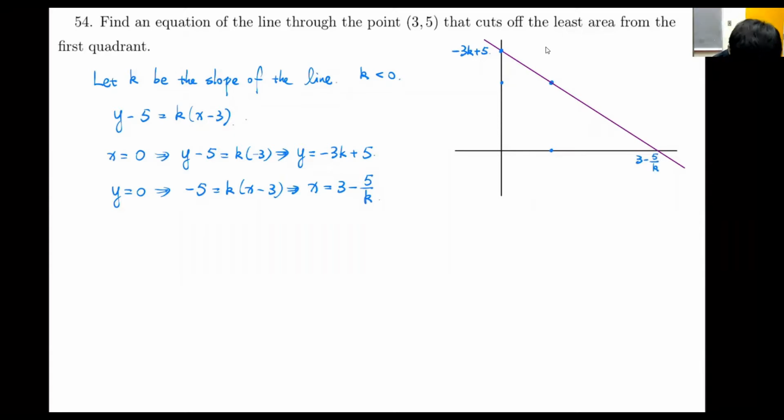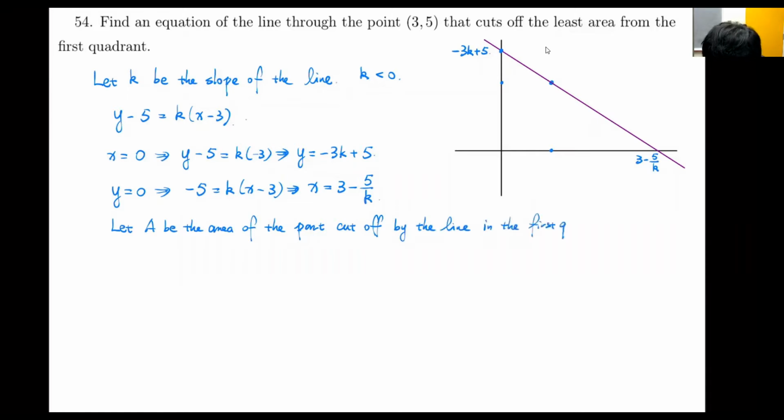As you can see, if we let A be the area of the part cut off by the line in the first quadrant, then we see from the picture that this area is going to be 1/2 times the x-intercept times the y-intercept.